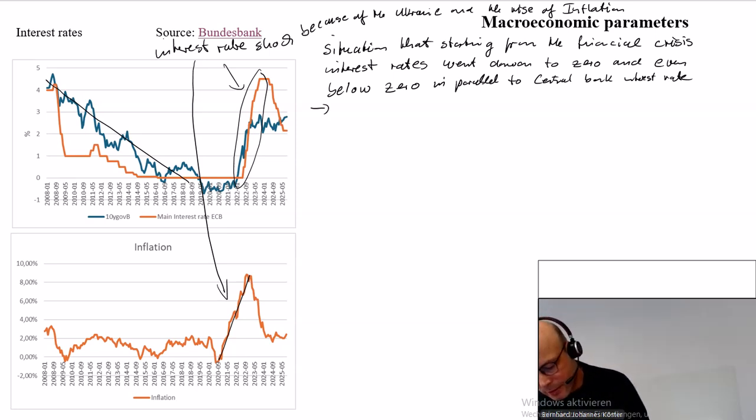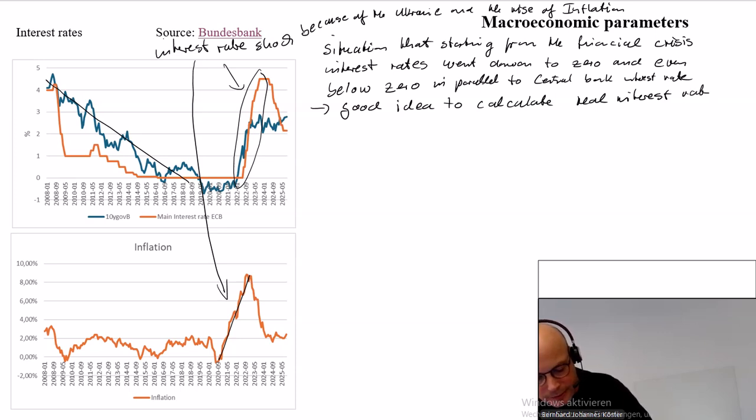So, good idea to calculate real interest rates, and this can be done using the Fisher equation.